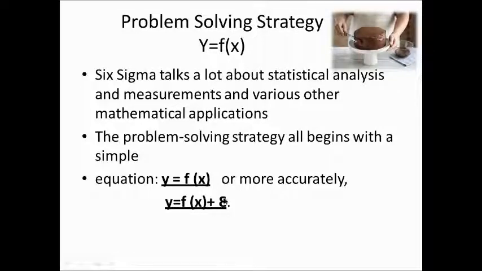Sometimes they say plus epsilon. Epsilon is the amount of variation that could be accepted by the customer, because every time you make a cake, it does not have the same taste because of the functions that you do.